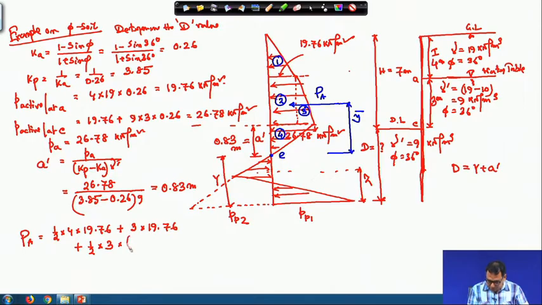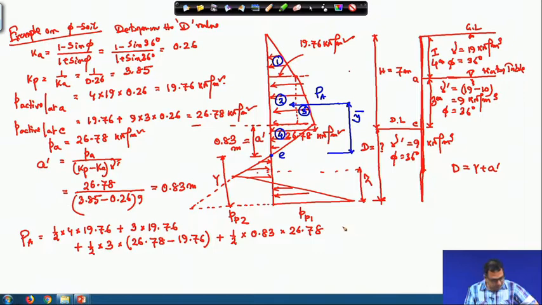So, this portion will be half into 3 into 26.78 minus 19.76, this triangular portion. The third portion plus this fourth portion. This base is 26.78, height is A dash is 0.83. So, I can write this is half into 0.83 into 26.78.